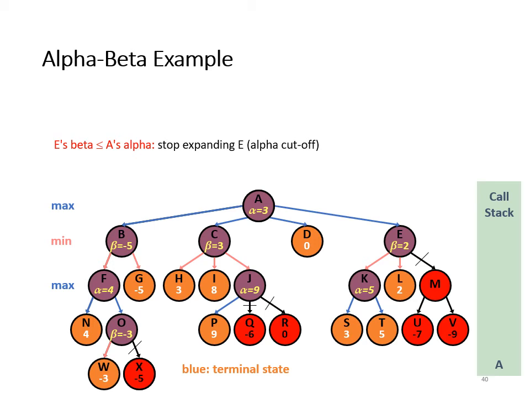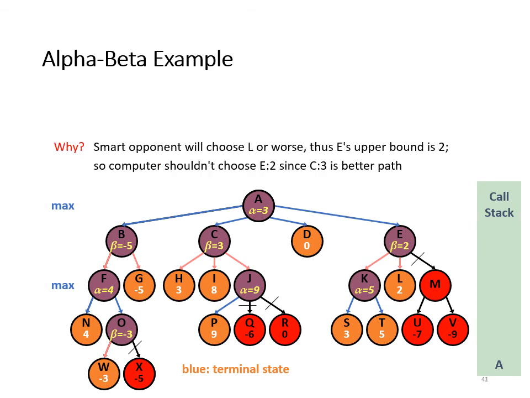The answer of min-max search as well as min-max search using alpha-beta will be the same. You can see it with any other example also. So a smart opponent will choose L or worse. Thus E's upper bound is 2. So the computer shouldn't choose E of 2 since C of 3 is a better path. We are talking about this discussion.